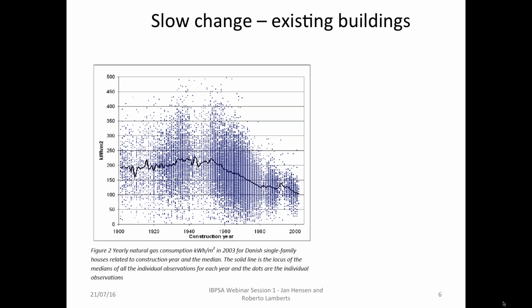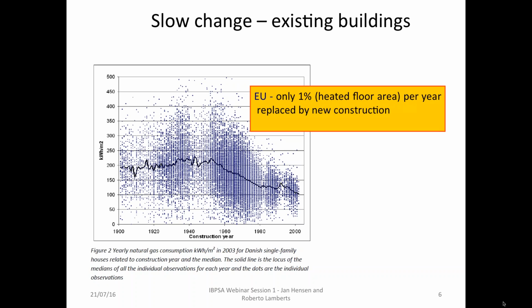Also, in the developed world, we have a slow change. Existing buildings will last for a long time, and we have a very small renovation. In Europe, for example, only 1% of new buildings are happening every year. So we have to retrofit the existing buildings and have to be able to understand their behavior.